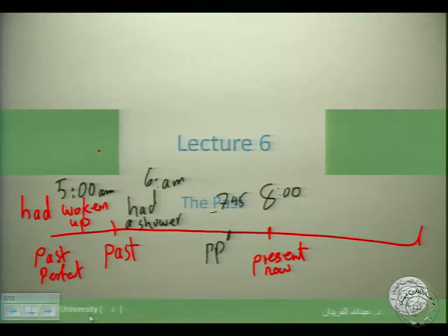But if you have two actions that were completed in the past, one of them would be the past perfect, and one in the past. The past perfect means completed before. I know it is very difficult, and I know that even native speakers avoid studying these things because they are very, very difficult.